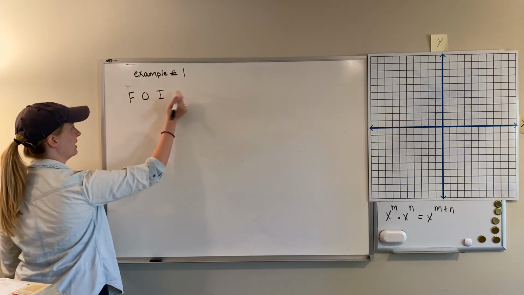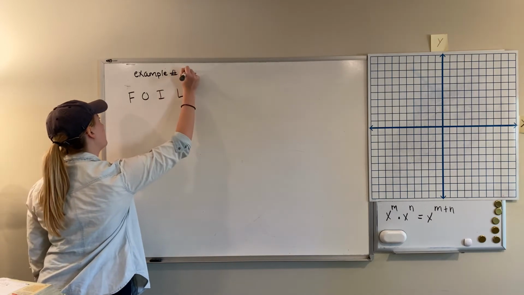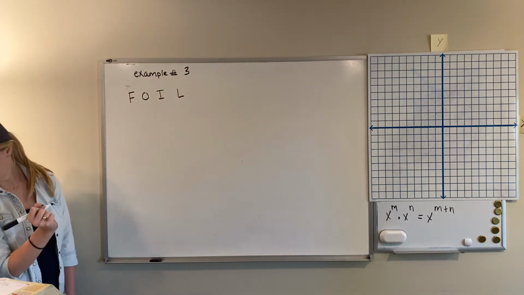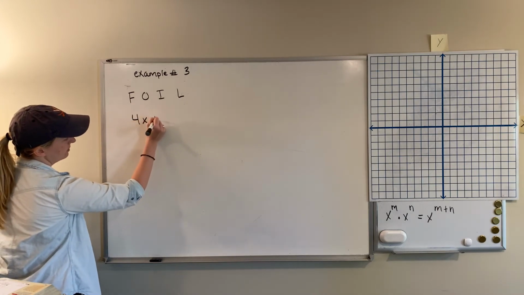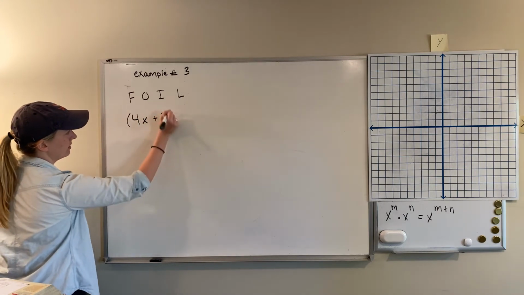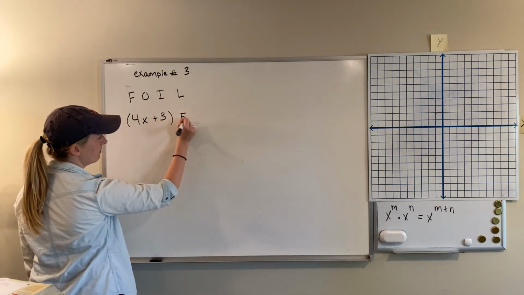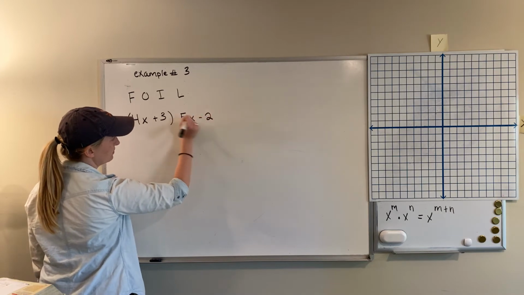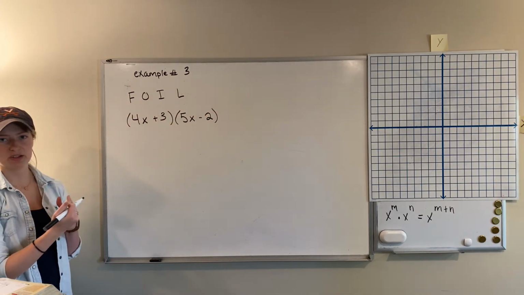First, outer, inner, last. Example 3. So for example 3, we have 4x plus 3 times 5x minus 2. And FOIL, again, is a fancy way of saying use the distributive property.